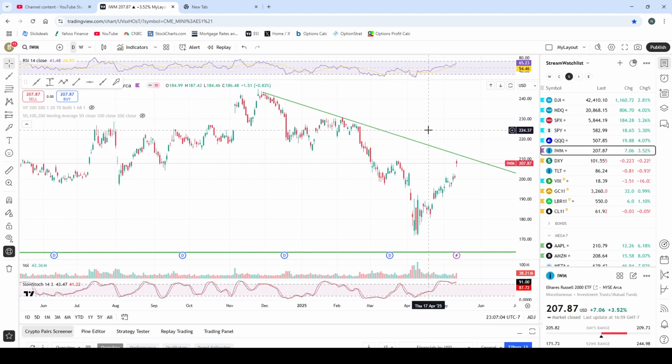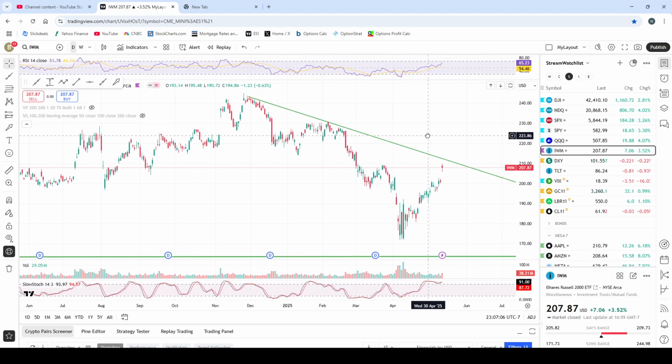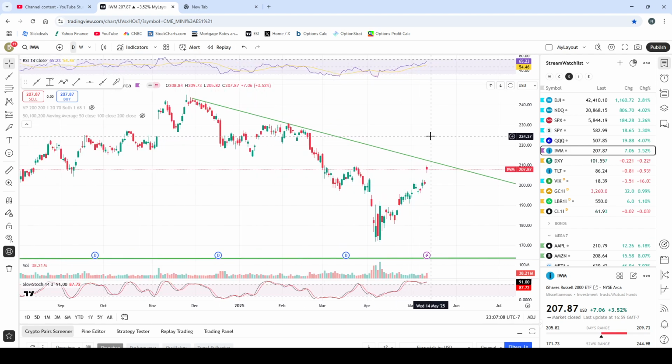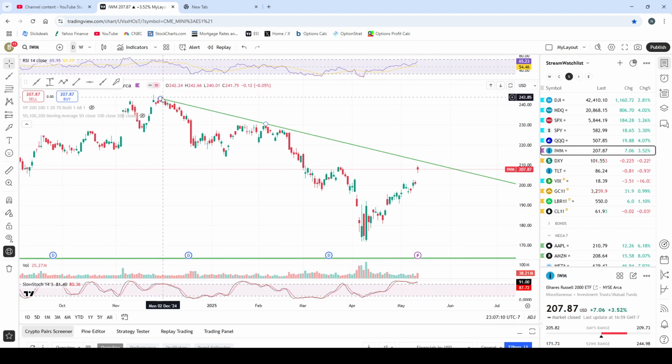This is what I call the mid term. So you can see it went through, and now it's trying to come back to this to test the resistance.